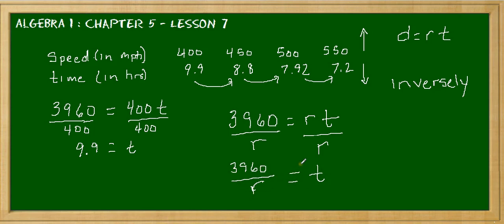So if we know what r is, and in this case we were plugging in the value 400, we did that over here, and you saw how we were dividing by 400 to get 9.9. And this is simply the formula we would have been using. We would have divided by 450, by 500, and by 550, and we would have gotten these corresponding answers. So that is number 6.